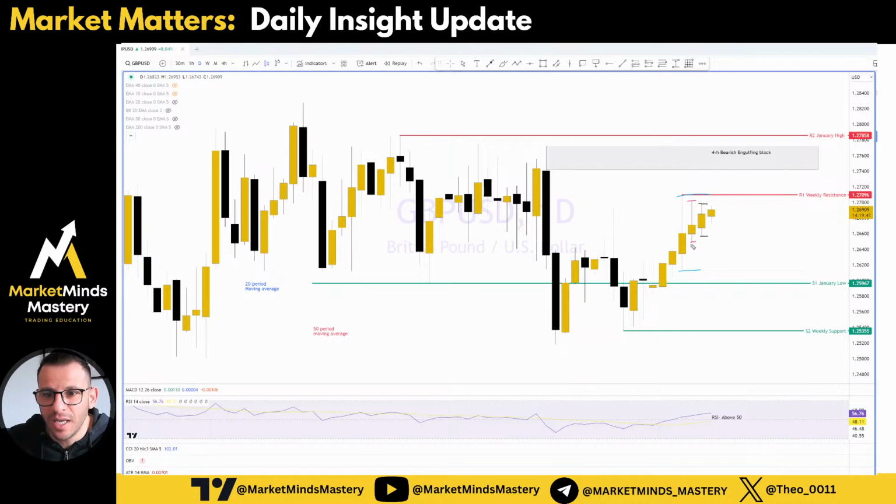So we have an inside bar, a double inside, and now we are going for a triple inside here. So on the lower time frames, it's a pattern like a symmetrical triangle. Isn't that cool? So how can we use this information to our advantage? Well, a break to the upside finds the weekly resistance.